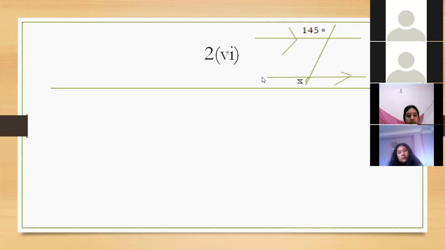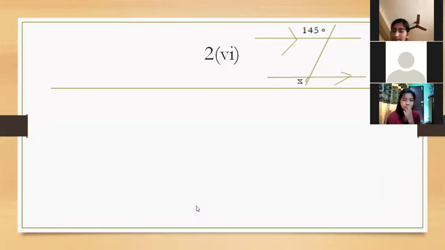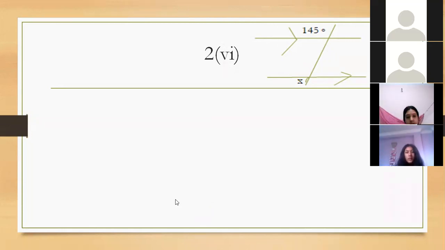What type of angles are these two angles? 145 and x, what type of angles are they? Those who know can tell the relationship of these two angles.